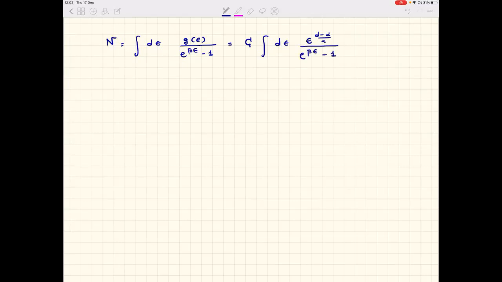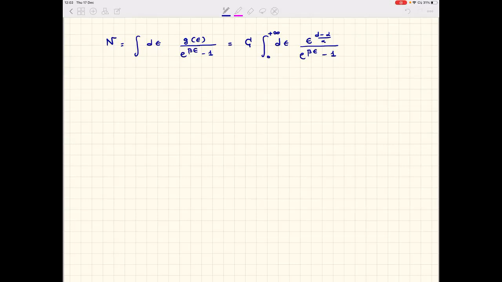So now, how do I figure out whether I have a solution or not? What are the conditions on alpha to have or not to have Bose-Einstein condensation? How do I figure it out? This is a question to you. If the integral converges, then everything will be fine.